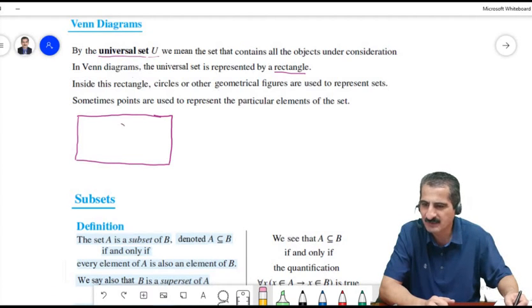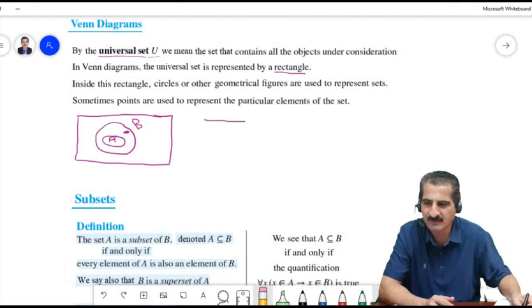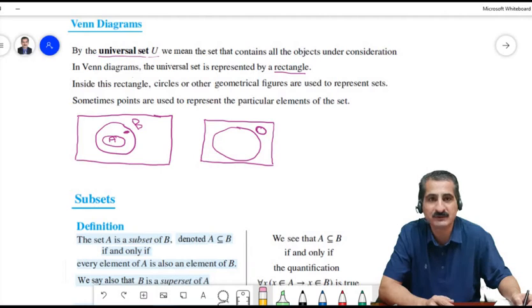This rectangle means all the universal set, all the domain where I take all x from. I may say this is some set B, and inside set B there is another set which is called A, so A lives inside B. And there is an element here which is inside B, not inside A. This is a Venn diagram. Or we have just seen a set we called O, which consists of odd integers less than 10.